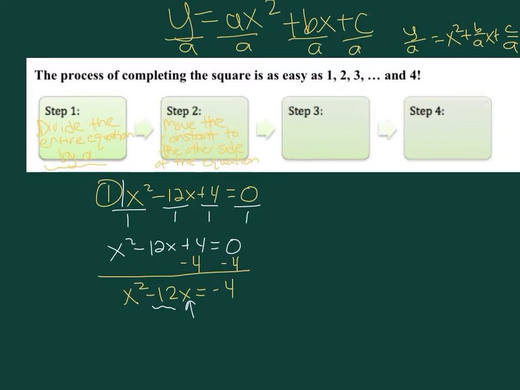So now we're going to take half of b over a and square that and add it to both sides. Half of b over a would be b over 2a. We've got to square it, and we're going to add it to both sides.